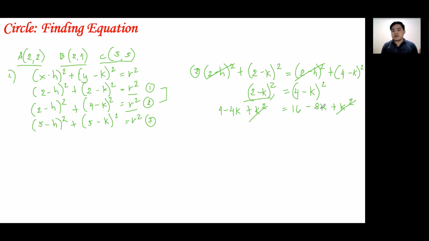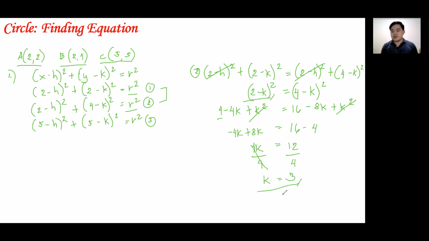So we're going to put this 8k here, so that is negative 4k plus 8k is equal to 16. Then transposing this is negative 4, so this will become 8. This will become 4k is equal to 12. And dividing both sides by 4, cancel the 4. So k now is equal to 3.